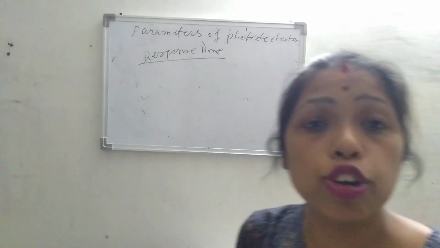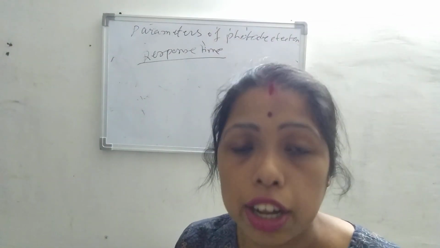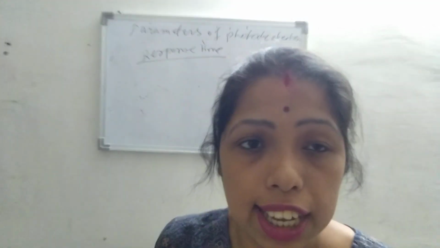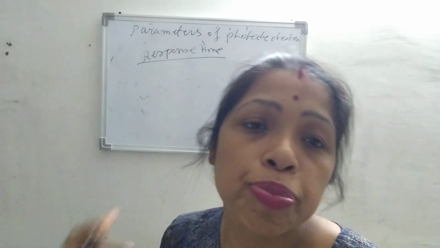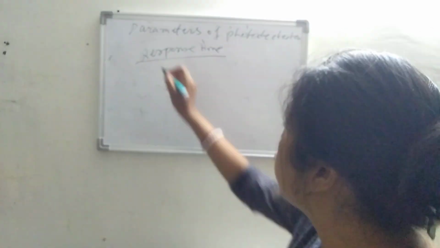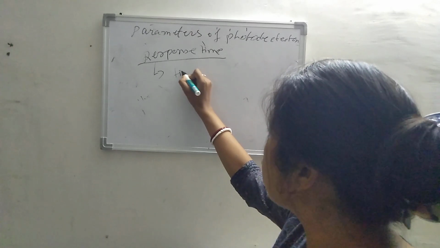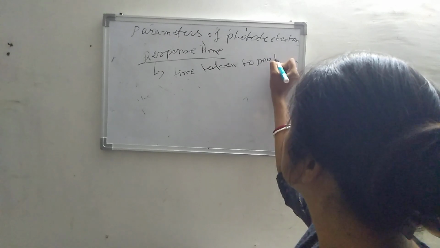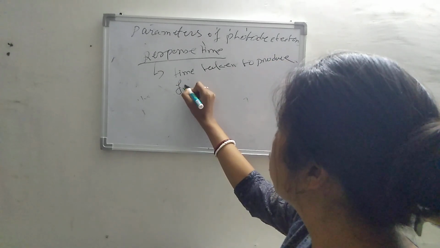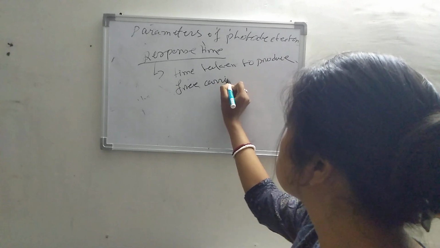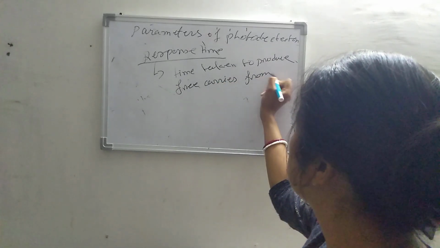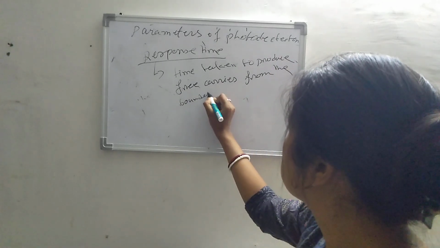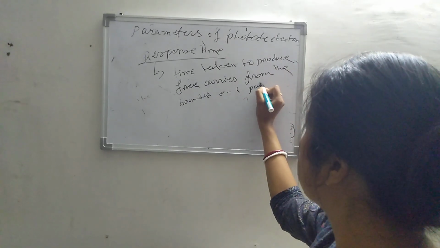Response time determines the speed of the response of the photodetector, that is, how fast a detector can sense the optical signal. Response time corresponds to the time taken to produce free carriers from the bound electron-hole pairs.